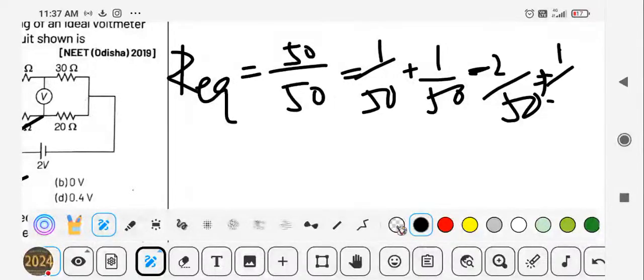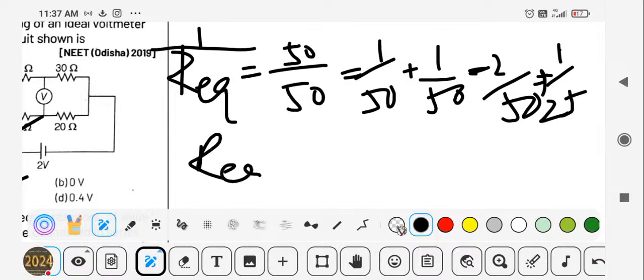So 1 by R equivalent is 2 by 50, so R equivalent is equal to 25.